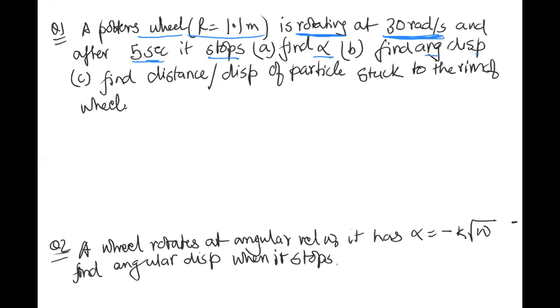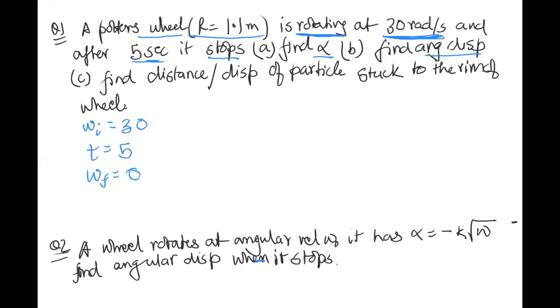Find acceleration, find displacement. Okay, so omega initial or u is given by 30 radian per second, and time after it stops is given by 5 seconds. Final omega, it has stopped, therefore it is given by 0.